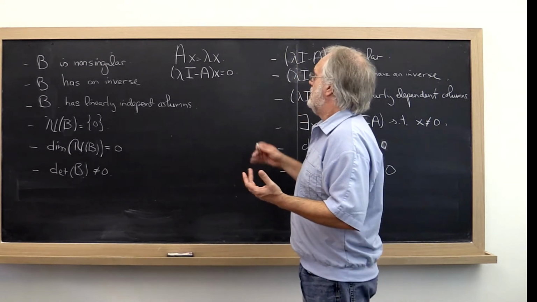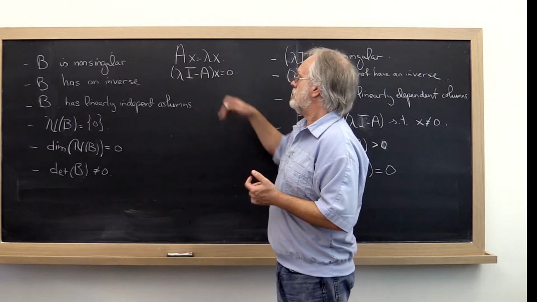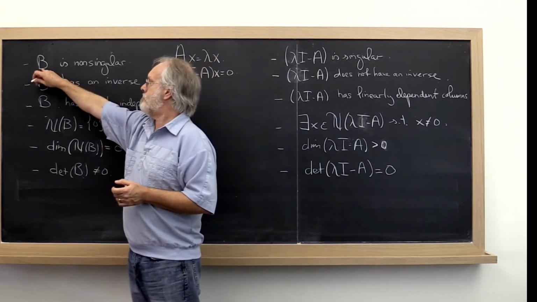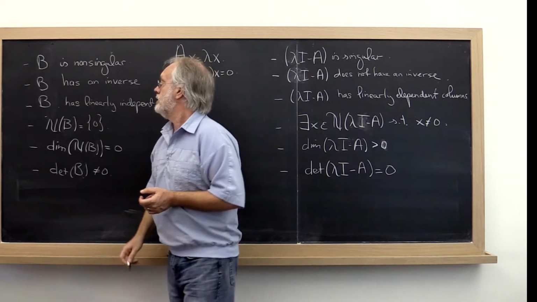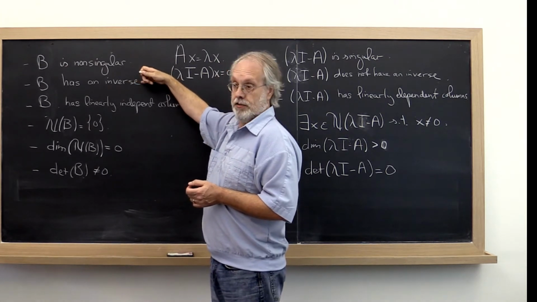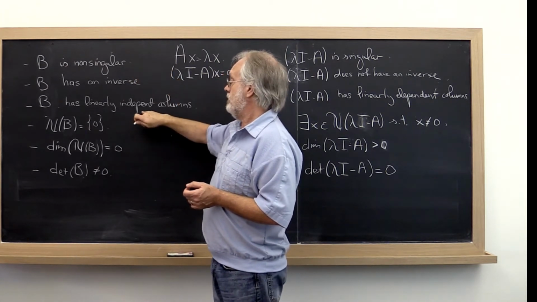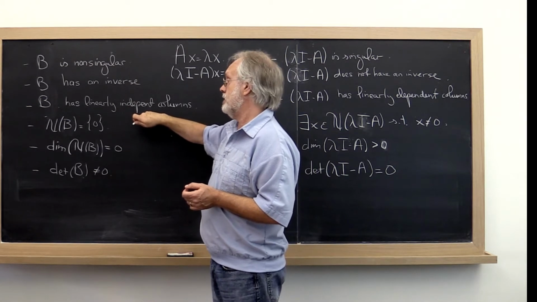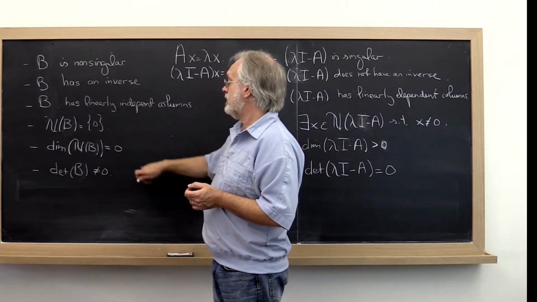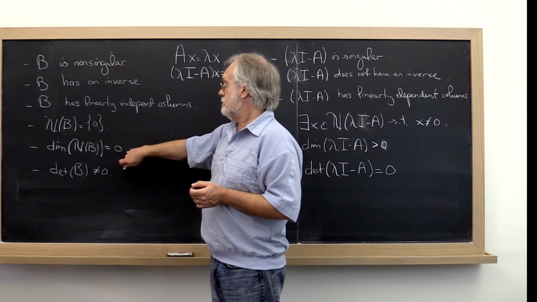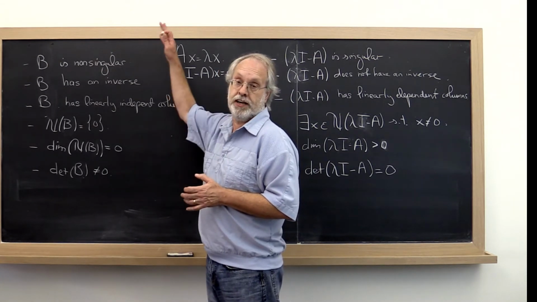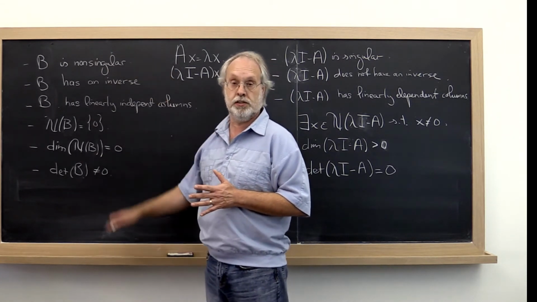Alright, now this right here allows us to say a few things, okay? And let's recall, if we have an m by m matrix B that is non-singular, then that statement is equivalent to saying that B has an inverse, and it's equivalent to saying that B has linearly independent columns, that B has a null space that only contains the 0 vector, its dimension of the null space is equal to 0, and the determinant of B is not equal to 0, and as a matter of fact there was a whole list of these kinds of equivalent statements.